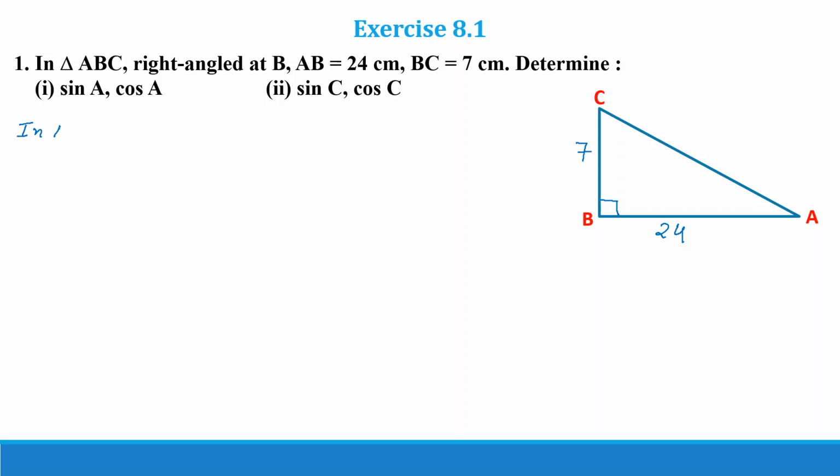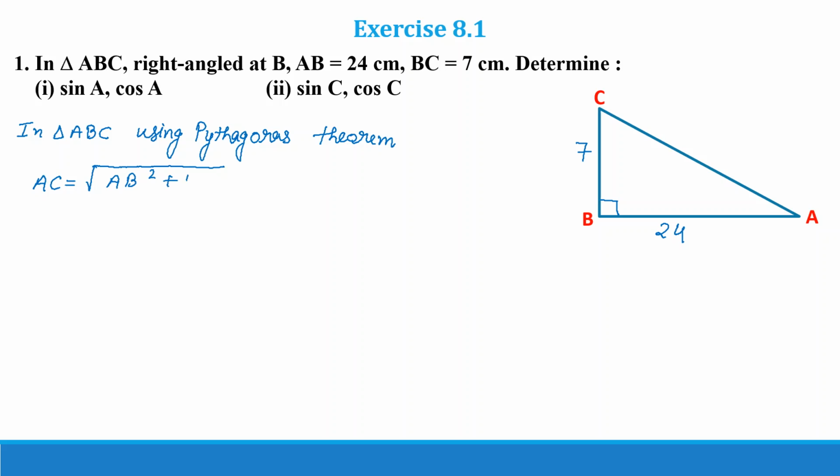So in triangle ABC, if we apply Pythagoras theorem, then to find out the value of AC, that is the hypotenuse, we can write AC is equal to square root of AB square plus BC square.